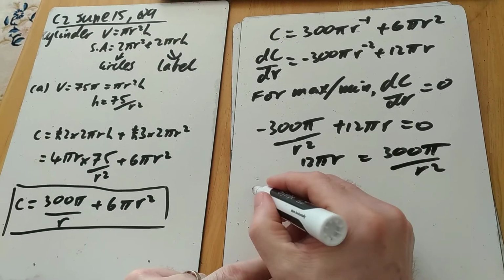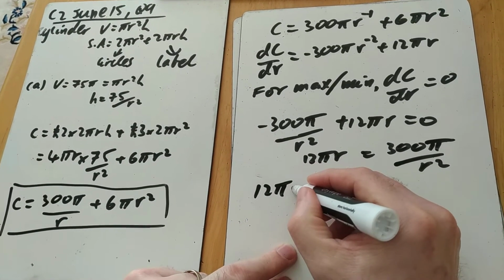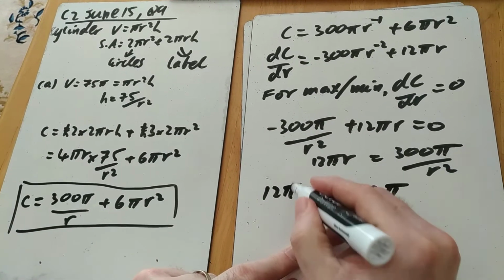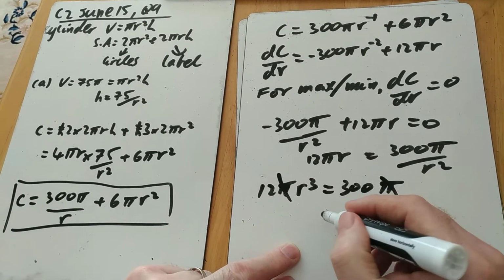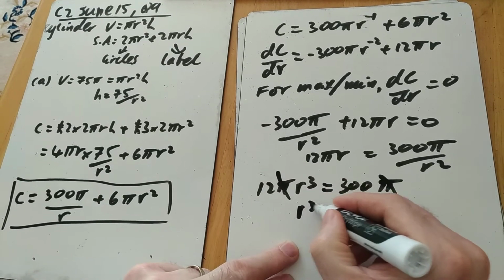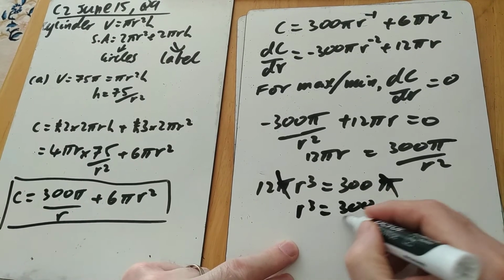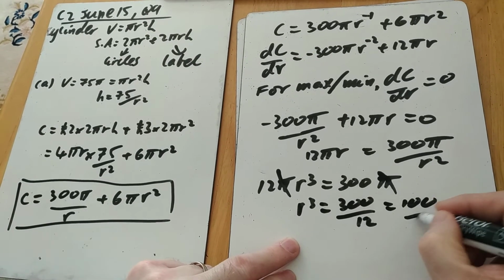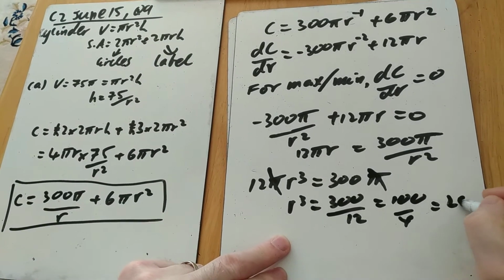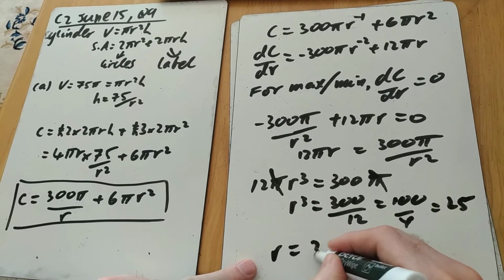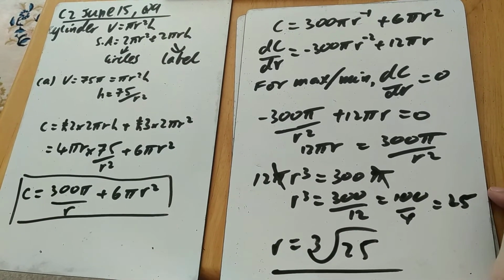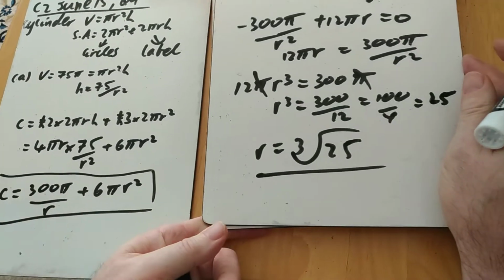Get rid of the fraction, 12 pi r cubed equals 300 pi, divide by the pi there, divide by the 12 to get r cubed equals 300 over 12, which is 100 over 4, which is 25. R equals the cube root, 25, whatever that is. Okay, and in that case there, that gives us the radius.